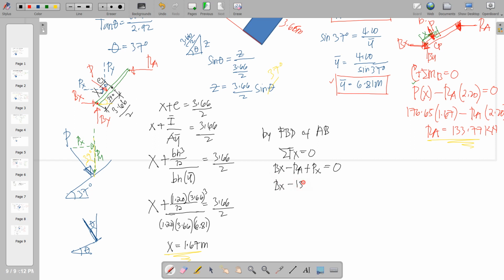We have 133.77 plus Px, the component of P along x. We have opposite, so we use sine 37 degrees. So that is equal to 0.